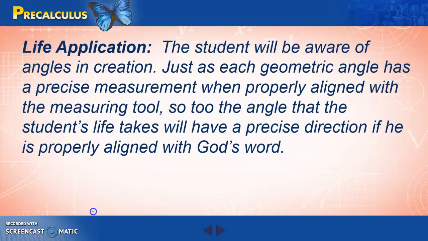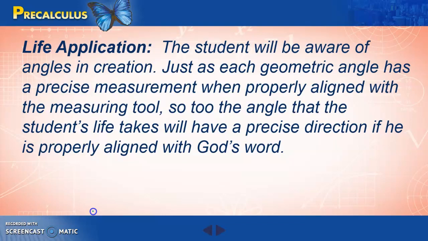Our life application for this unit continues to be that you, the student, will be aware of angles in creation. Just as each geometric angle has a precise measurement when properly aligned with the measuring tool, so too the angle that the student's life takes will have a precise direction if he is properly aligned with God's Word. Everything that God has created is created in a way that is orderly and precise, and our lives are to be the same way.